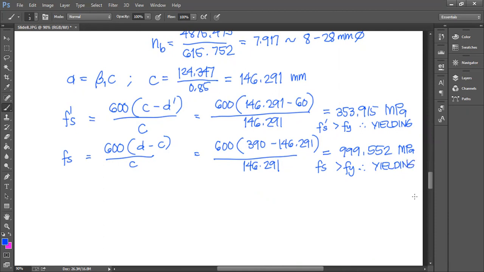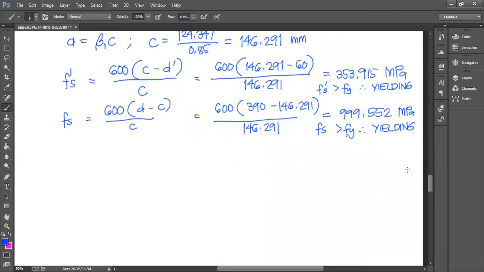Ngayon, kung titingnan natin yung case natin, ano yung makikita ninyong assumption? Ngayon, initially, nag-assume tayo na this is tension control.